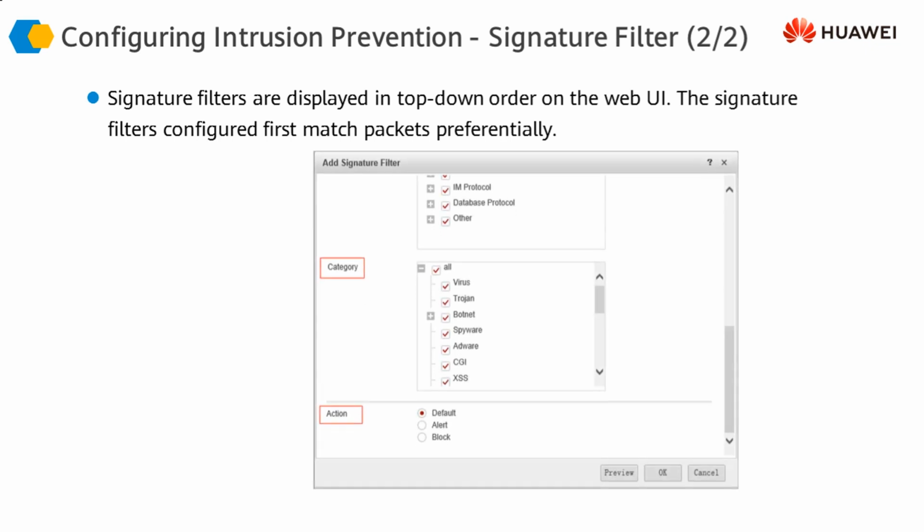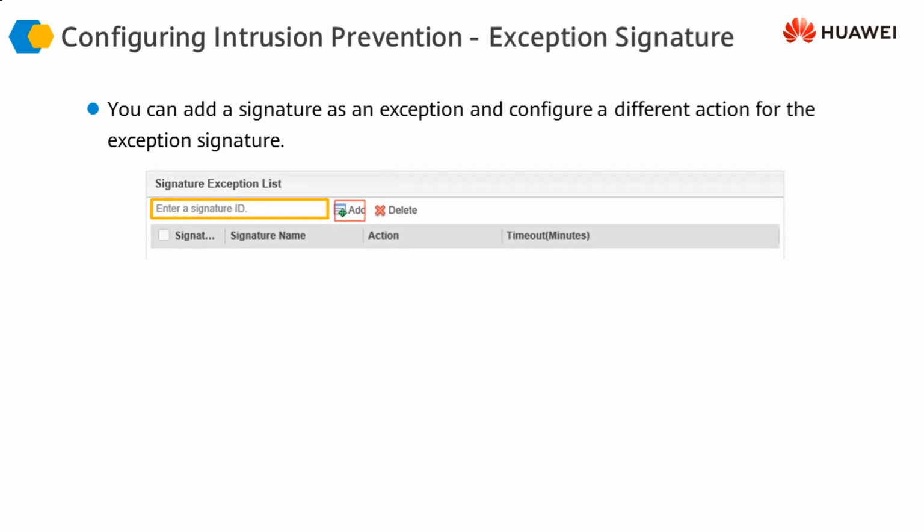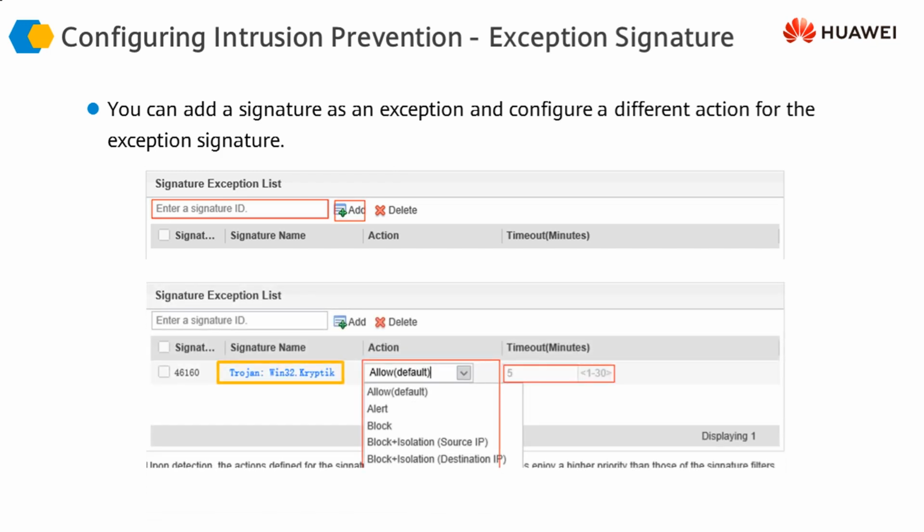These are other properties that we can select, the category and the actions. If you remember, all these properties are defined for each signature. And then we can also configure the exception signature. If we want to add any exception signature, we can add it here, and we can see which exception signature we want to add.